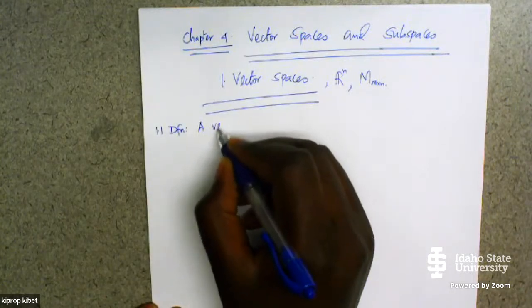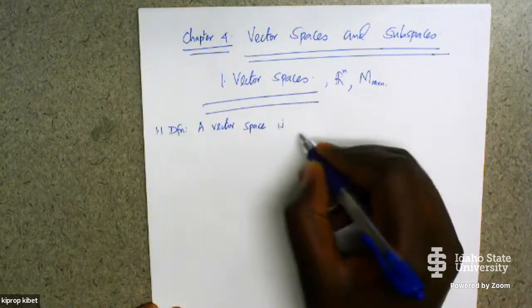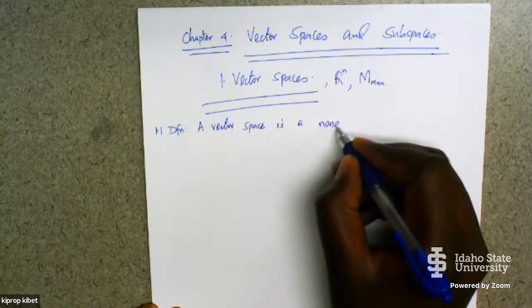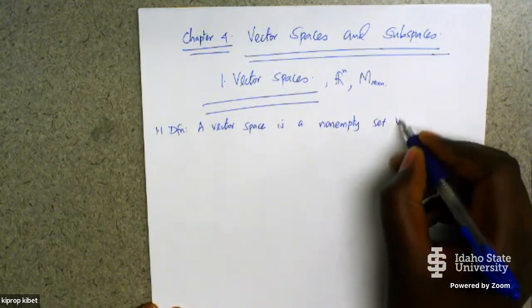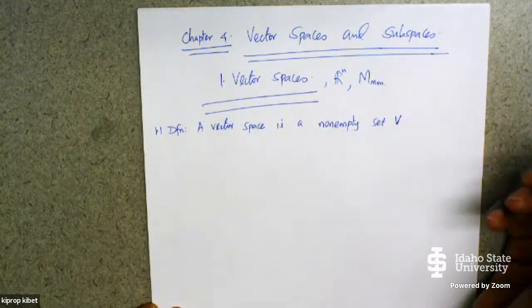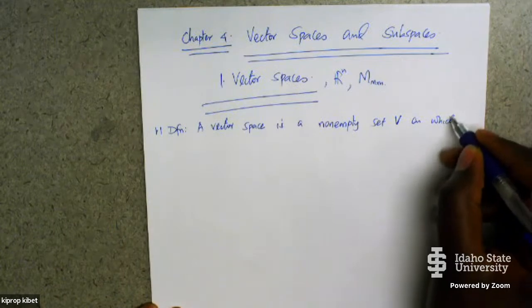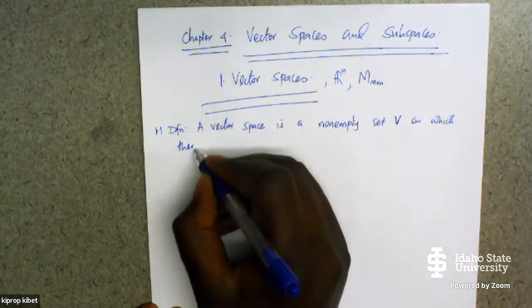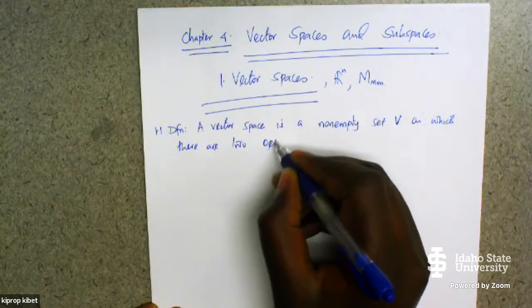a vector space is a non-empty set, which we can name as the capital V, on which there are 2 operations.